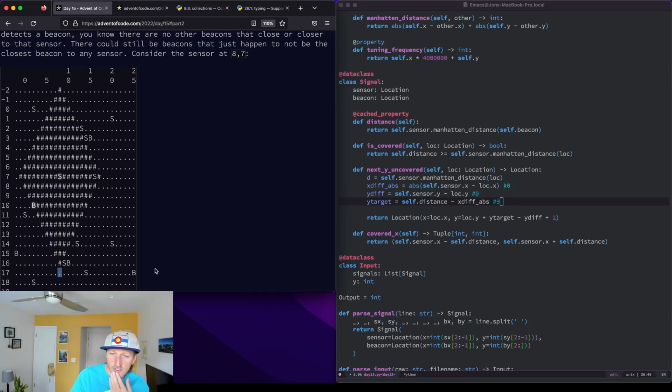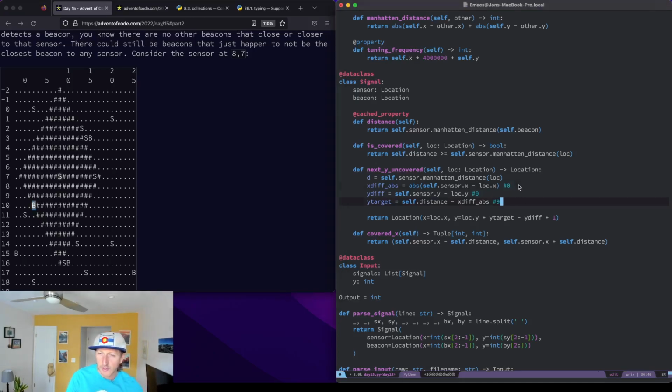That would land us right here, which is exactly what we want. So that's correct, y target minus y diff. Any point along here would actually work, right? And let's just say it's on this beacon. The x diff here is 2 to 8, so 6.